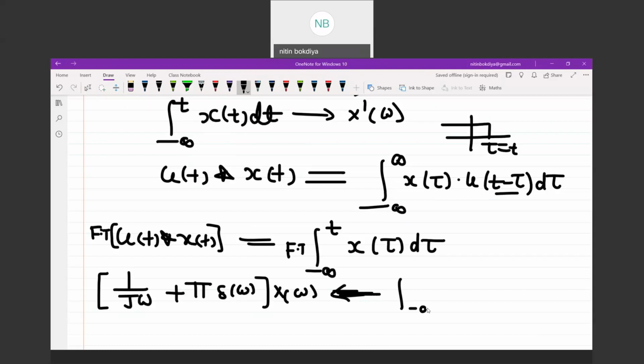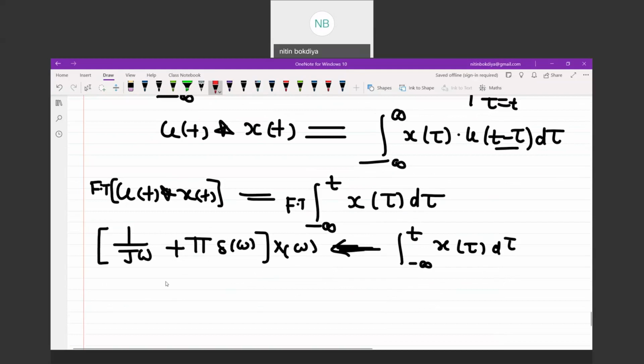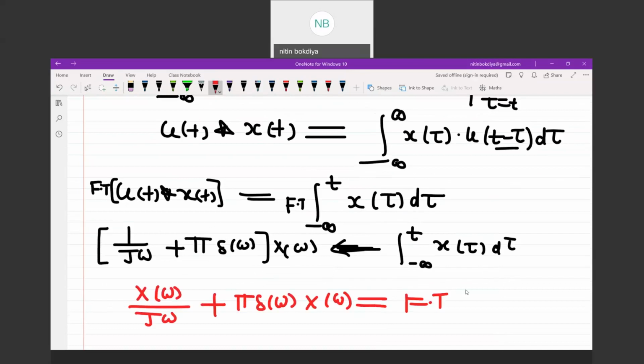So the Fourier transform of the integral is X(ω) divided by jω plus πδ(ω) times X(ω). This is a very important point.